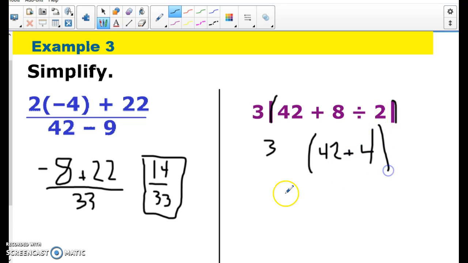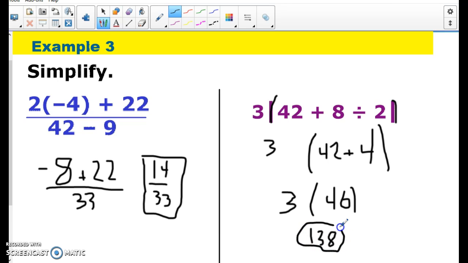So 42 plus 4 is going to be 46. And then I need to multiply by 3 here. 46 times 3 is going to give me 138. So that's going to be my final answer.